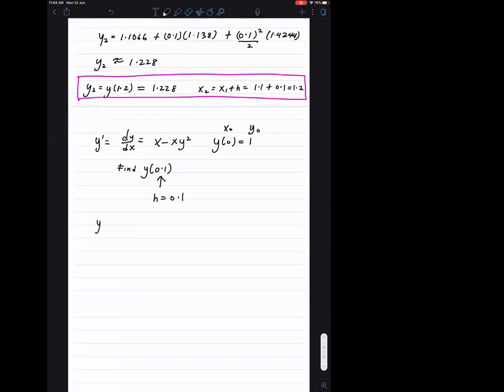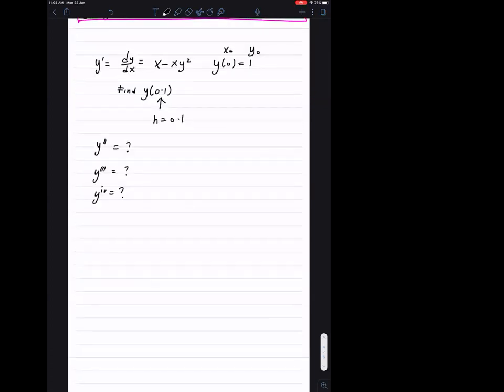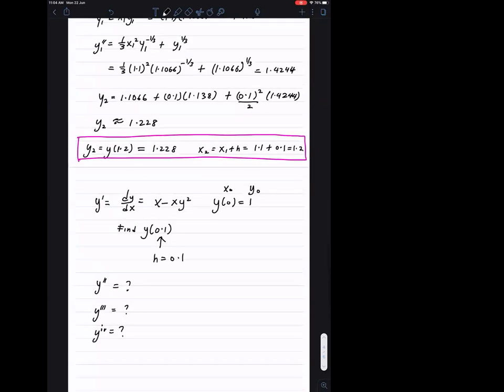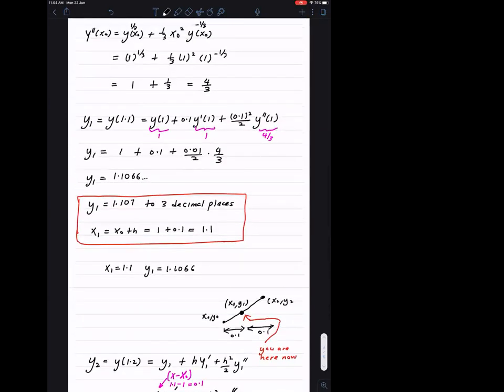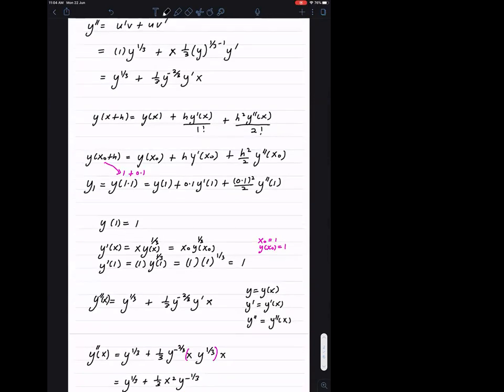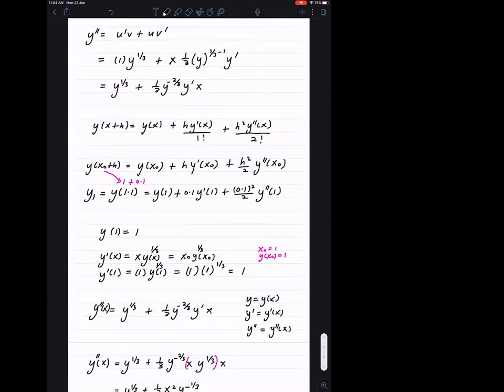Fourth order means you have to go to second order, and then find the third derivative, and the fourth derivative. After finding the fourth derivative, you go and build your Taylor series polynomial using this formula that was given to you.